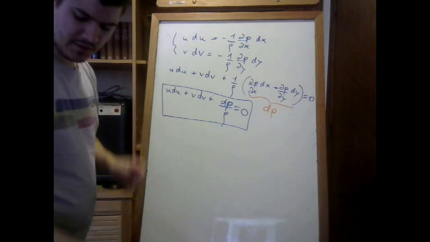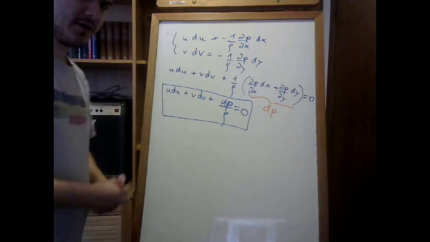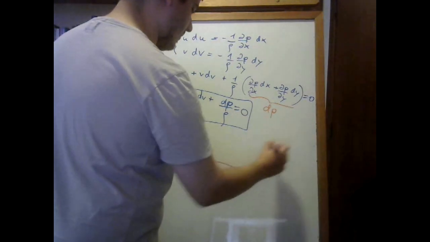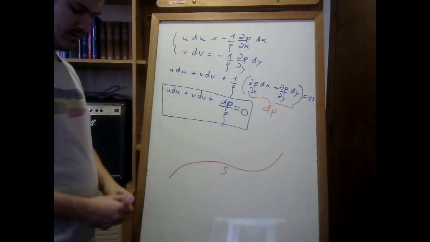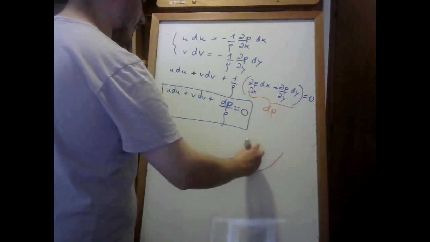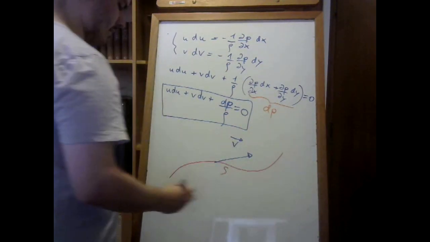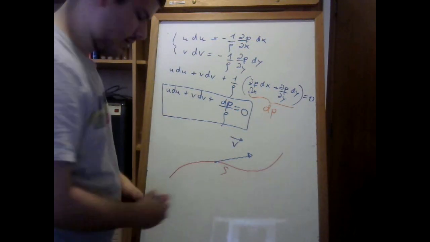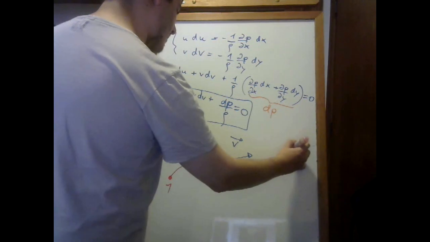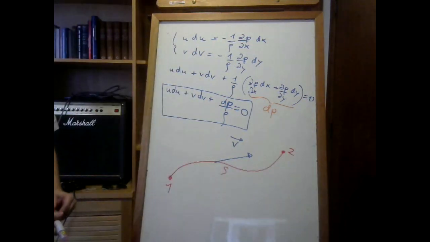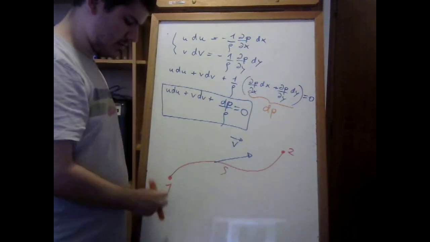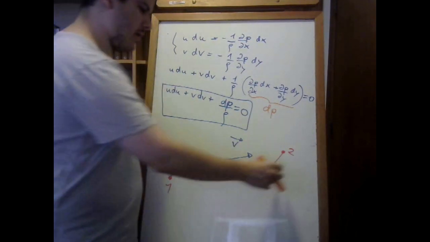So consider the streamline that we were working with previously. So here is our streamline S, and here's the velocity component. And here, let's say it's point number 1, and here is point number 2. What we're going to do is integrate this equation between point number 1 and point number 2.